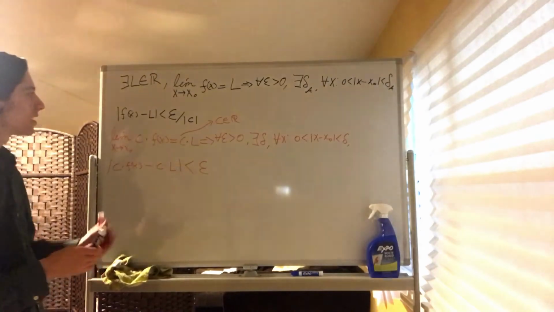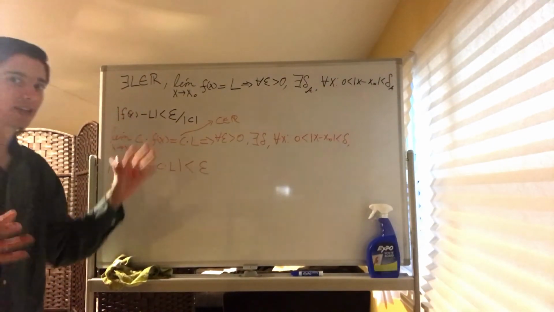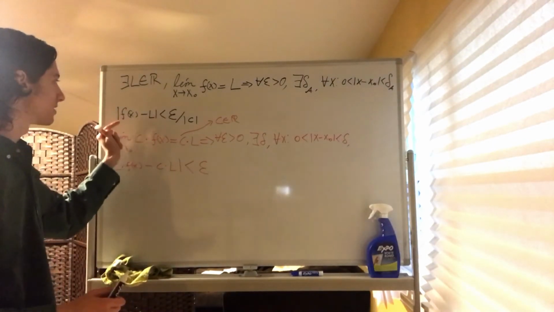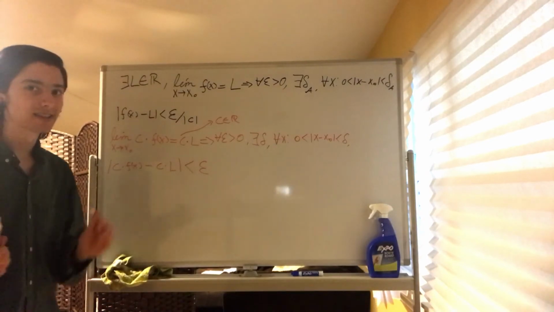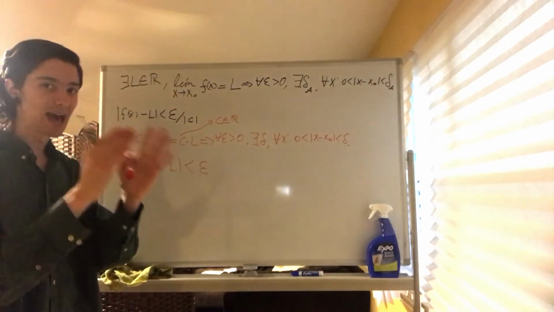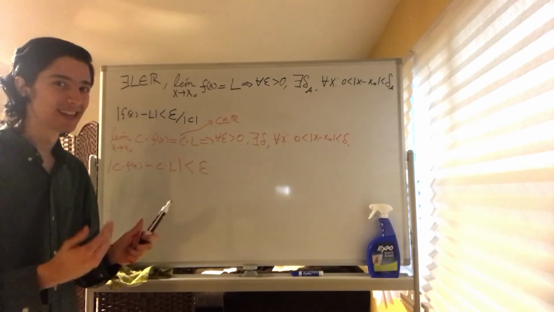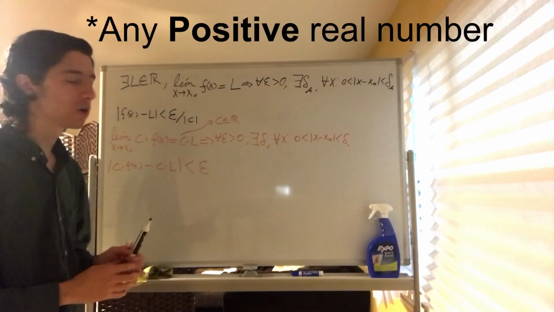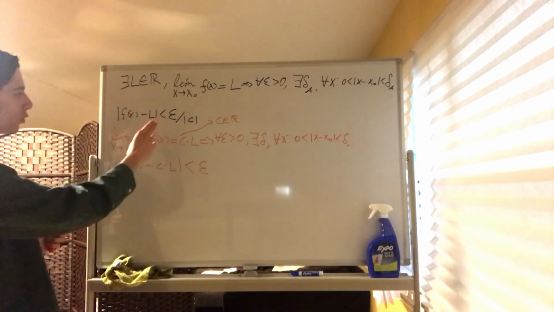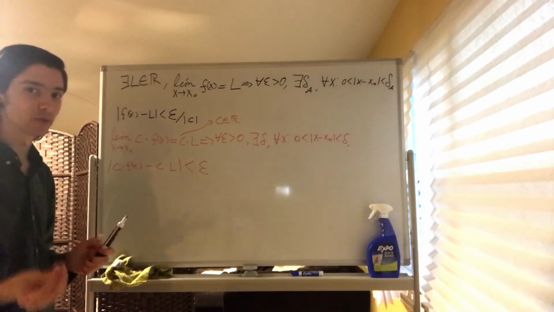So even though this is technically a different value, this is communicating the same idea: that the absolute value of f of x minus L is less than any real number. And therefore, we can use this to prove the fact that we want to prove.